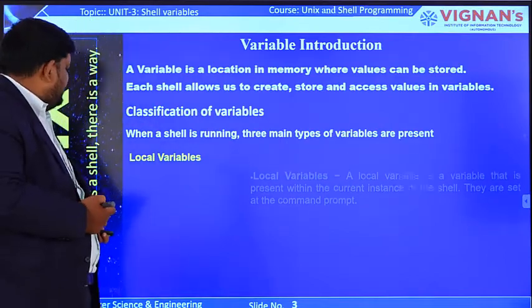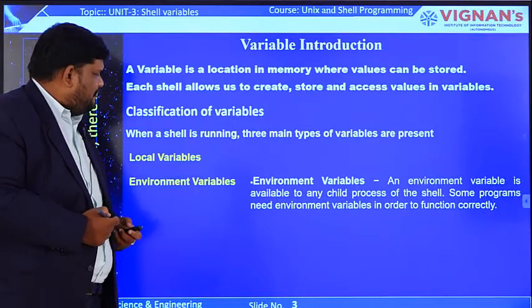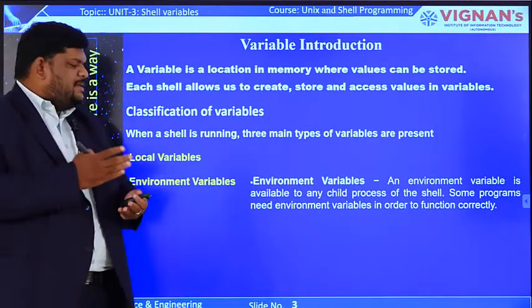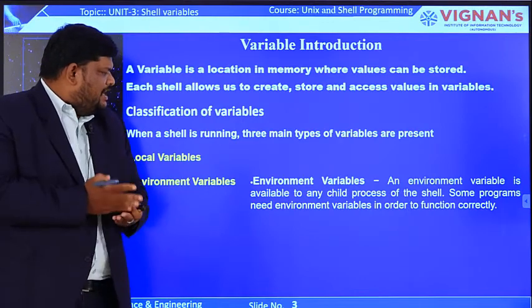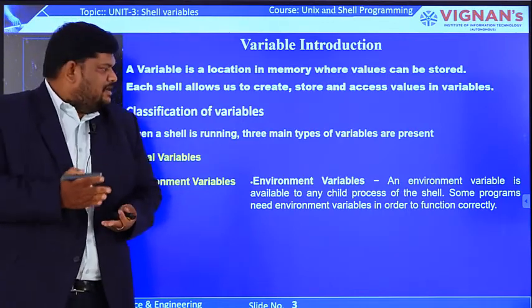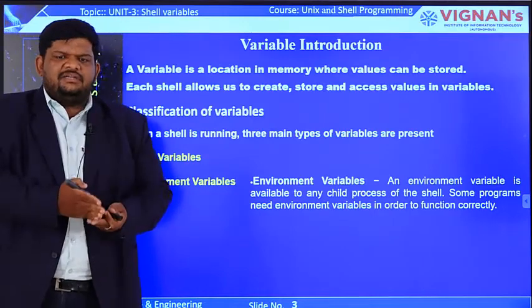The second one is environmental variables. An environmental variable is available to any child process of the shell, whereas a local variable is available to that shell only.